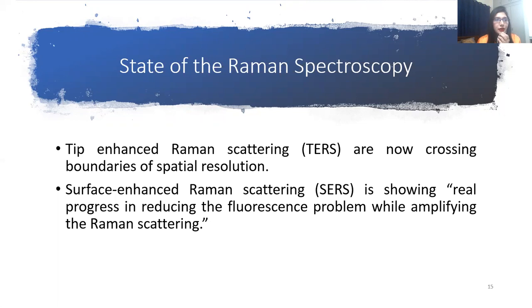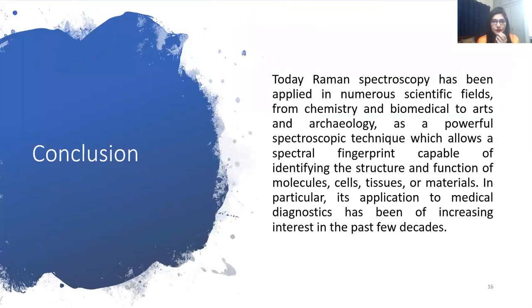SRS and coherent anti-Stokes Raman scattering microscopy offer exciting potential in biological imaging applications. Tip-enhanced Raman scattering is now crossing boundaries of spectral resolution. Surface-enhanced Raman scattering is showing real progress in reducing the fluorescence problem while amplifying the Raman scattering.